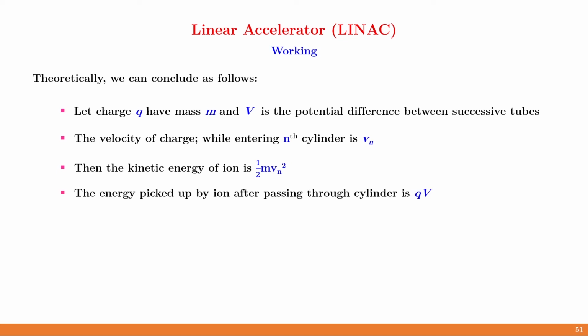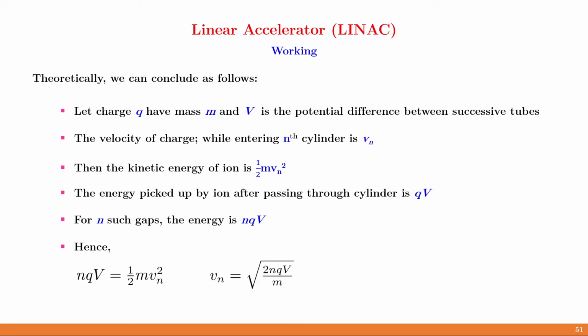The energy picked up by the ion after passing through a gap is Q times V. For n such gaps, the energy is n times QV. Hence, we can equate these equations and write nQV equal to half m Vn square.